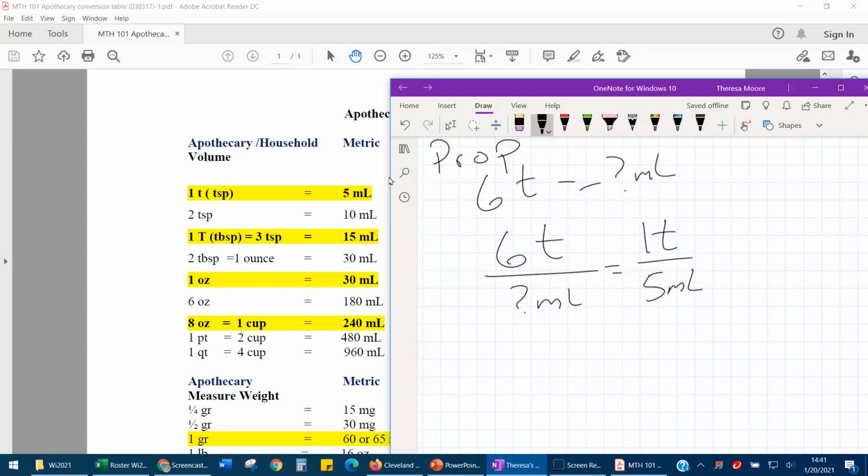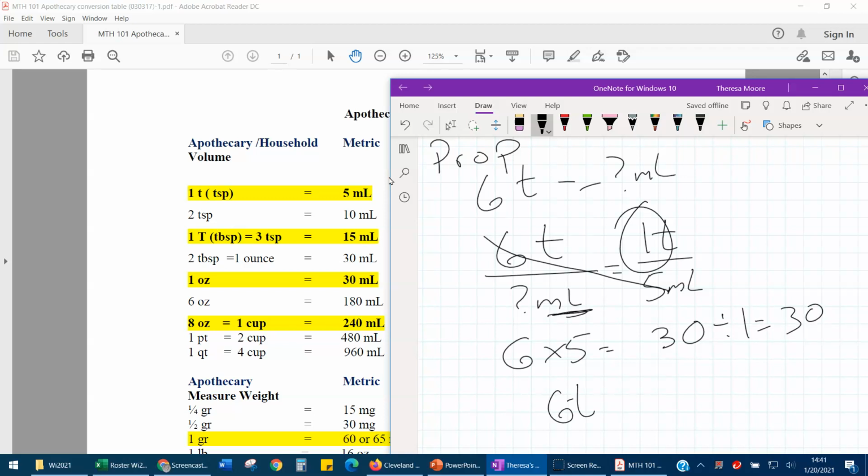With the proportion method, you remember we cross multiply. So 6 times 5 equals 30. Then we divide by 1, we still get 30. And we're looking for milliliters. So 6 teaspoons equals 30 milliliters.